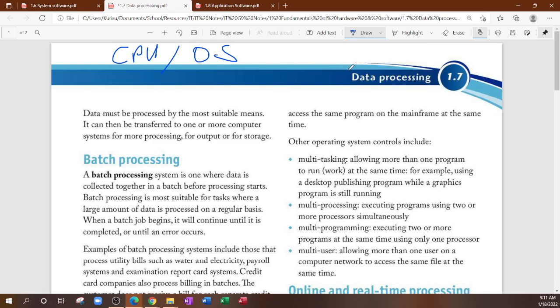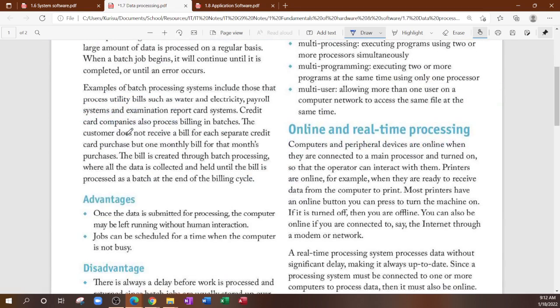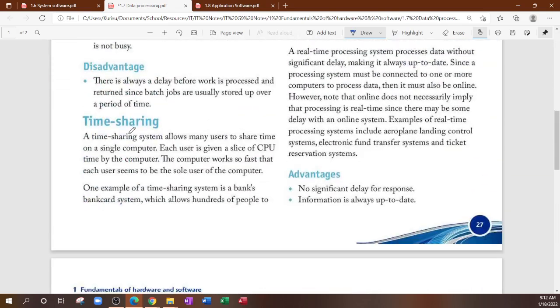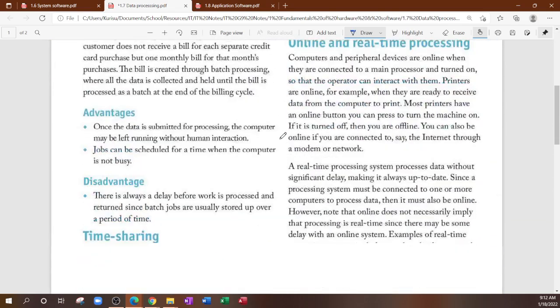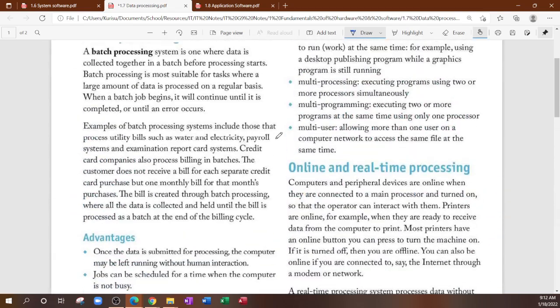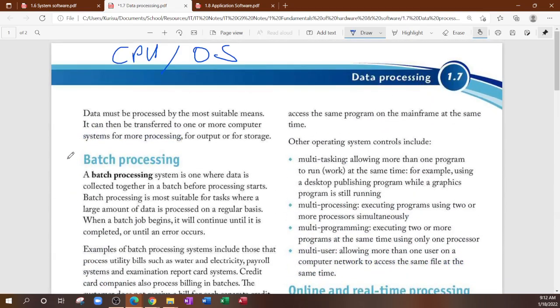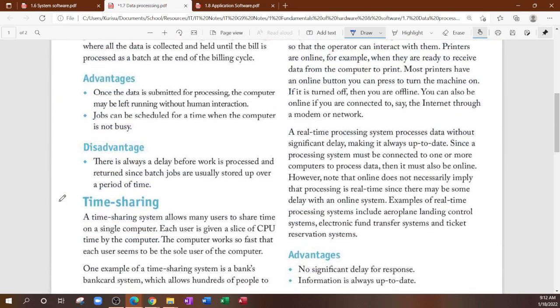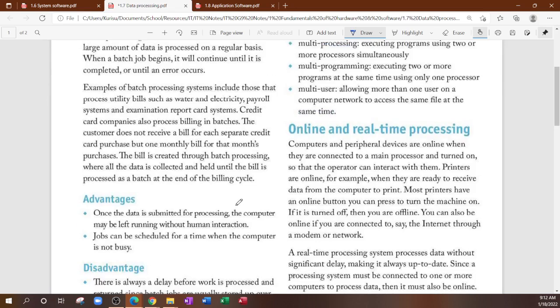So what we're going to be looking at today is how do they process data? What are the different methods of processing data? Whether it's your CPU or your operating system, how do they process data? We have 4 ways of processing data that we're going to be looking at today. 1, batch processing. 2, time sharing.